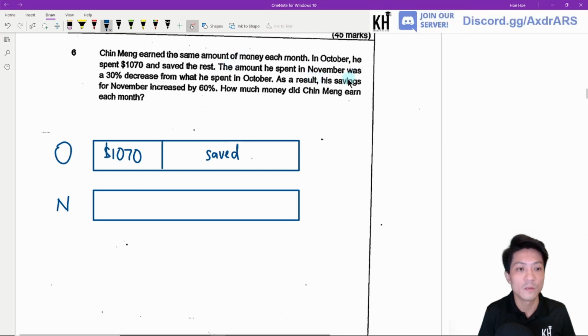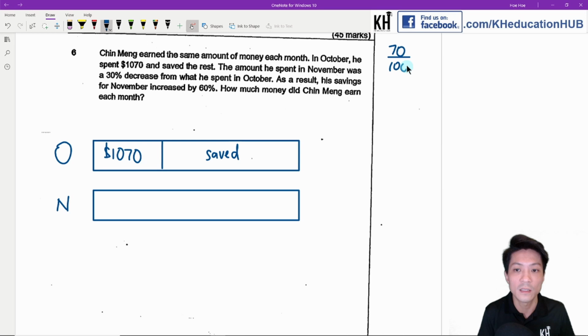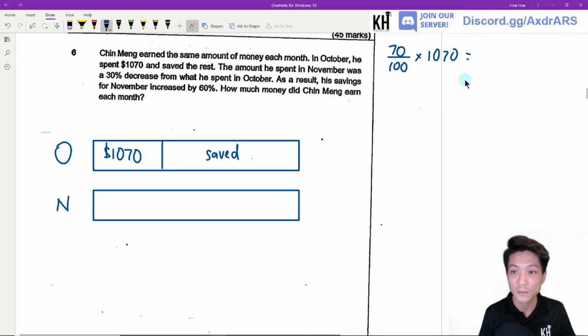The amount he spent in November was a 30% decrease from what he spent in October. So the first thing I need to find is 70% of 1070, which is going to be $749.